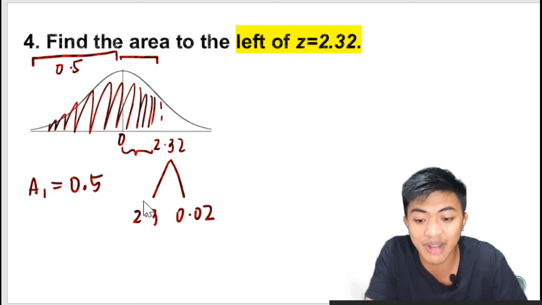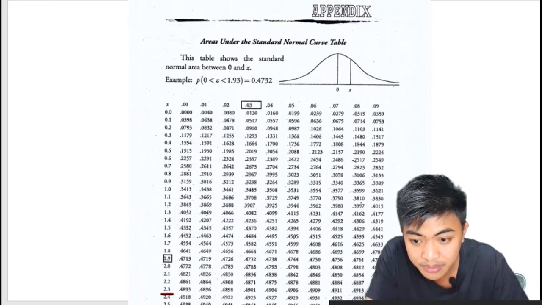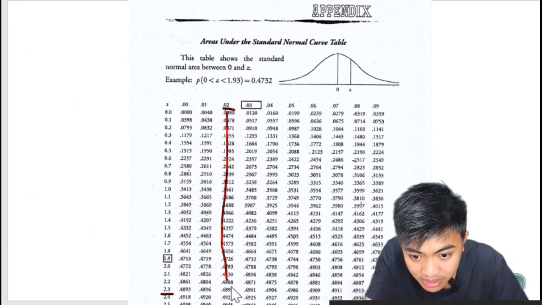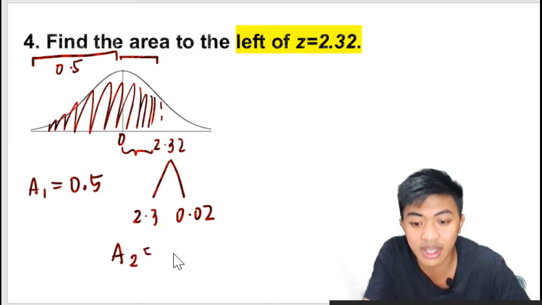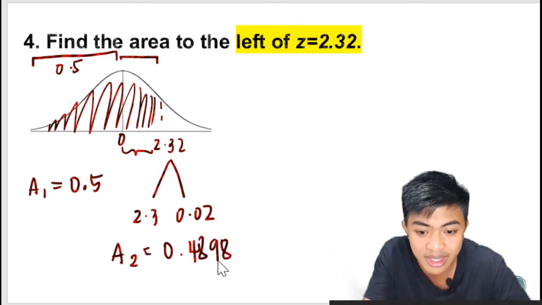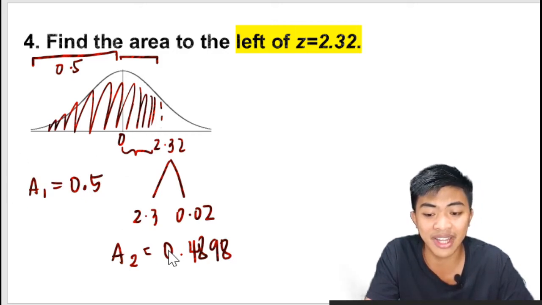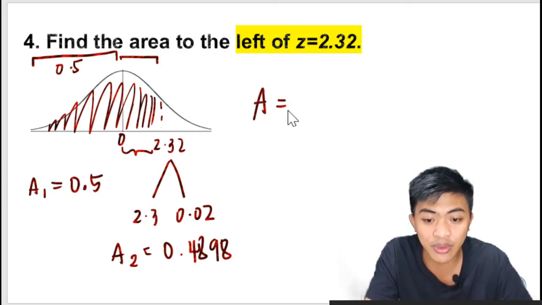We just have to find the area in the table. 2.3, 0.02. The second area is equal to 0.4898. Okay, but we're not yet done. That is not the final answer. We still have to add the two areas.